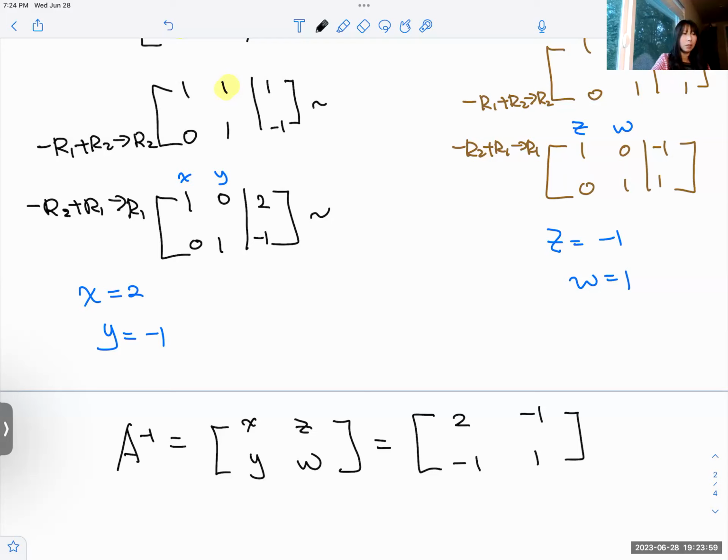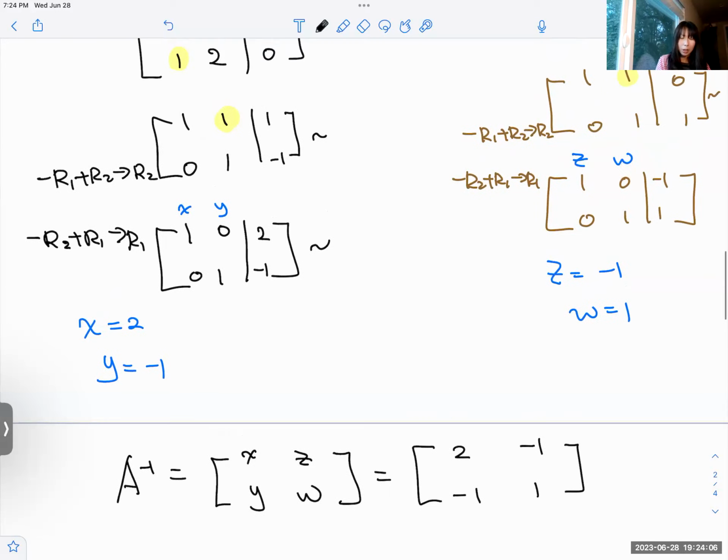All right, very good. Okay, now, can you guys see that here? This is the identity matrix, and then we had the constant matrix, right?